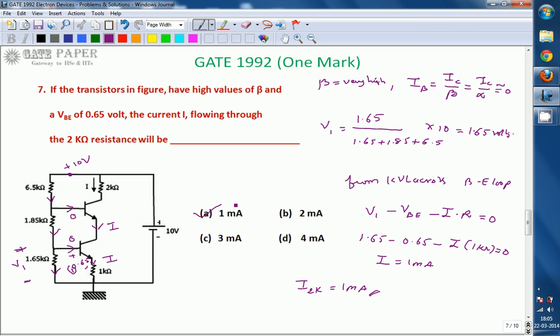And since the base current is 0, the 10 volts supplies current only to the other branch, the same current flows, and you can use the voltage division rule to get the base to emitter voltage of the lower transistor. So from the KVL we get the I value, and that I value is 1 milliampere. Thank you.